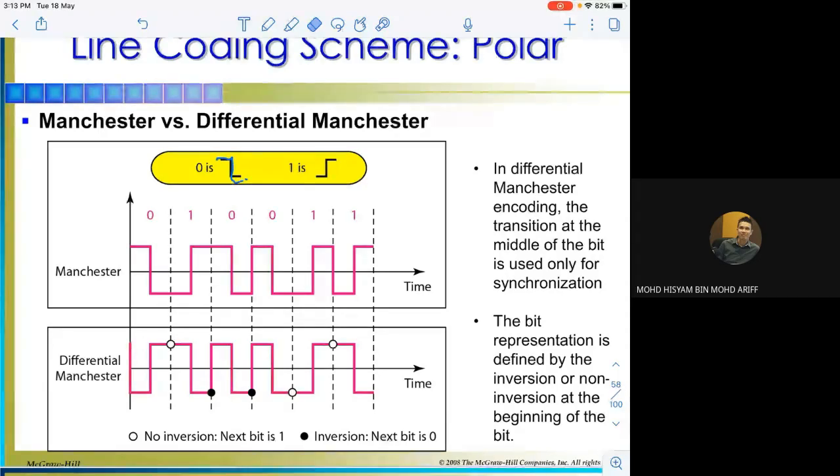Okay, apa yang nampak kalau differential Manchester? Cuba tengok apa beza. Ni tengok gambar. Okay, cuba bagi tahu. Okay, no inversion. Okay, mula-mula tengok yang ni. No inversion. Next bit is 1. Inversion. Next bit is 0.